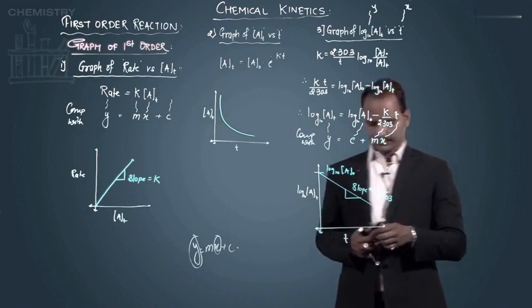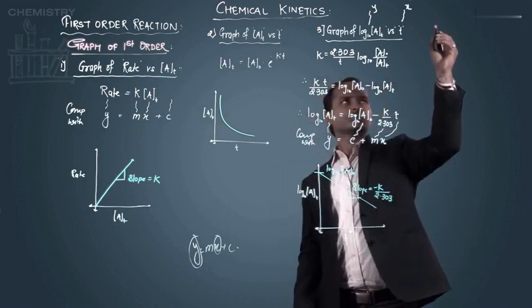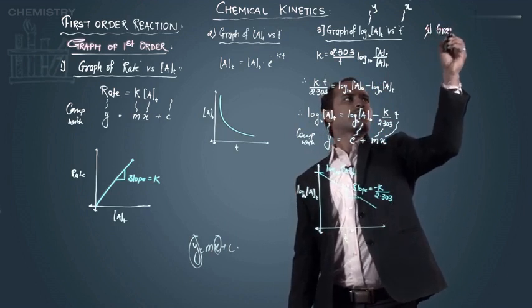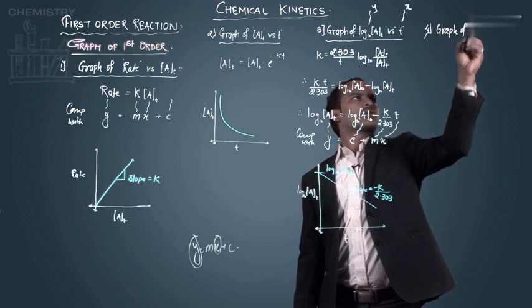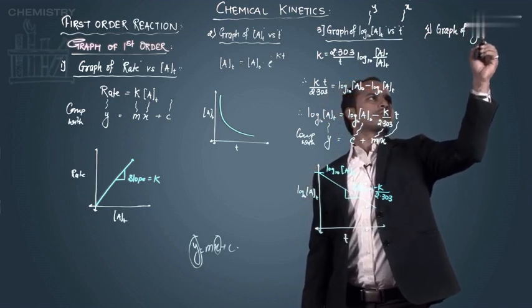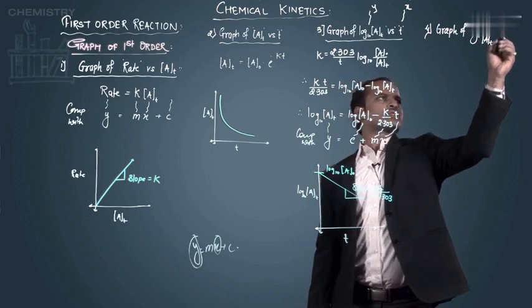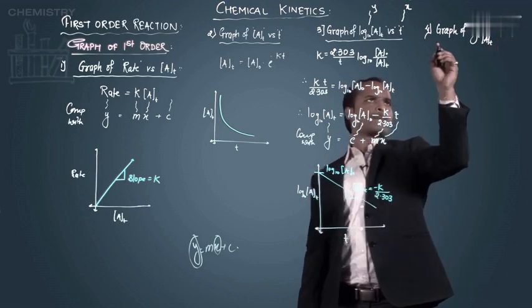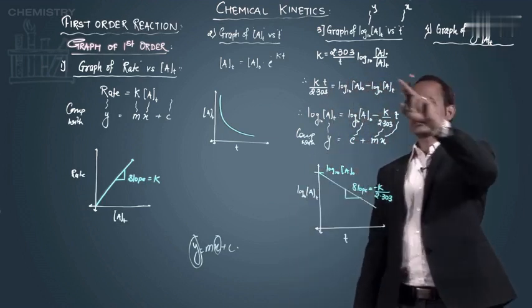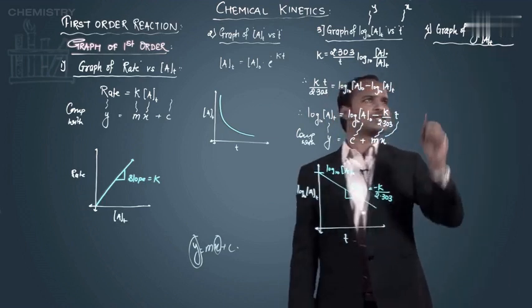Now the fourth, that is the graph of log to the base 10 a naught upon at versus time. Again, these two are present in the same formula, that is k is equal to 2.303 upon t.